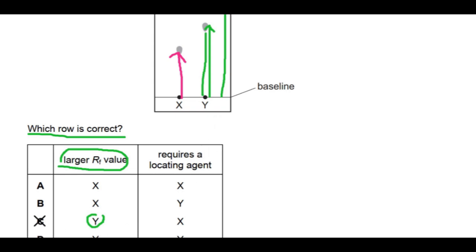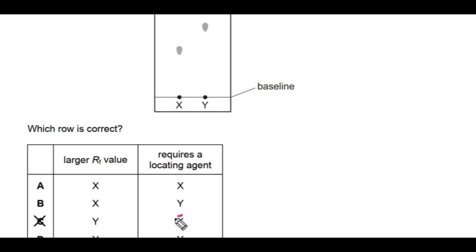So C, D also seem right, but look at the second part: requires a locating agent. As X is a group 1 salt solution, it has no color. To make a colorless compound visible, a locating agent is needed. So this for X is the right answer. C is the fully correct answer: larger Rf value, and needs a locating agent to identify that salt.